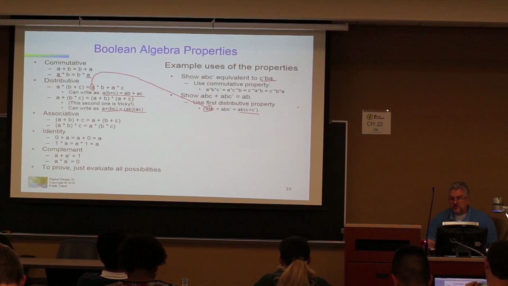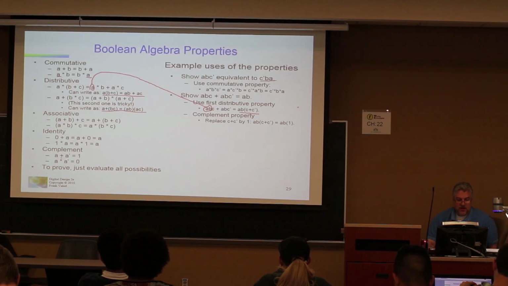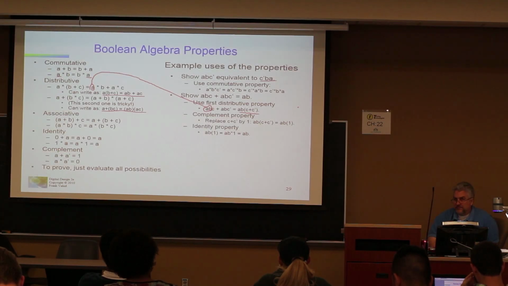You got that? Distributive. Next, well, the complement property. Here we showed it right here: A or A prime, or complement of A, is 1. So it's always going to be 1. So now we have A, B, 1. And then we remember up here, the identity, 1 and A means A. So we add identity at the end. Ooh, man. This looks like we're going to need a lot of practice for this one, huh?